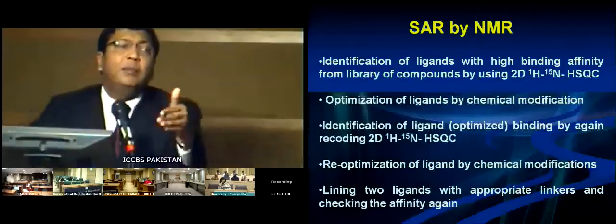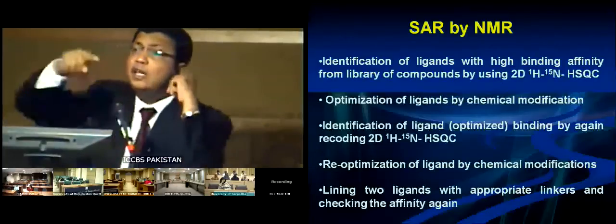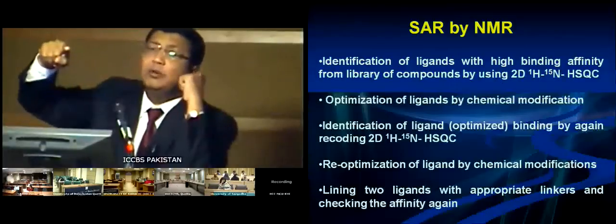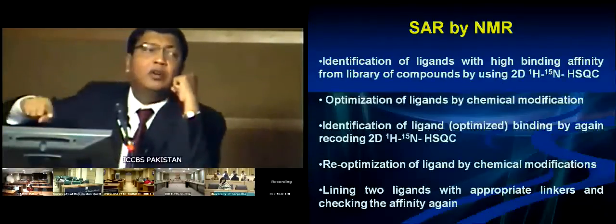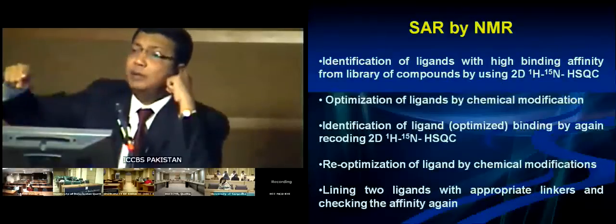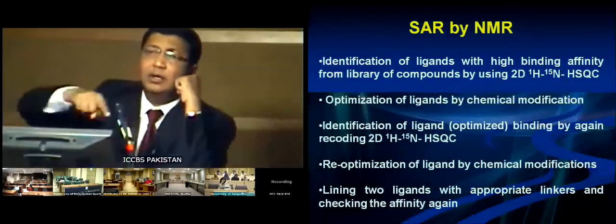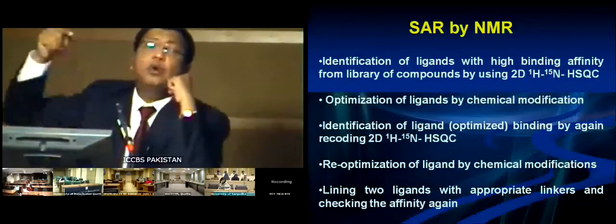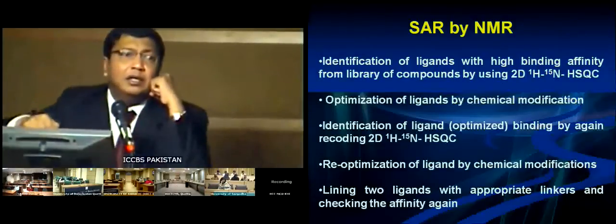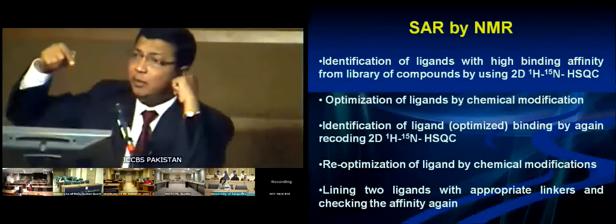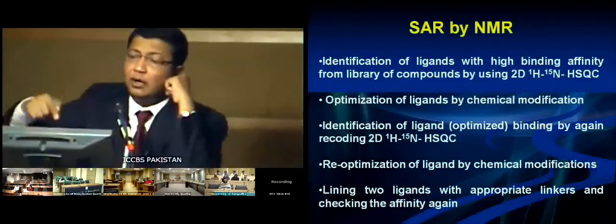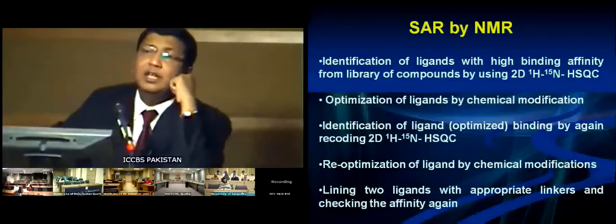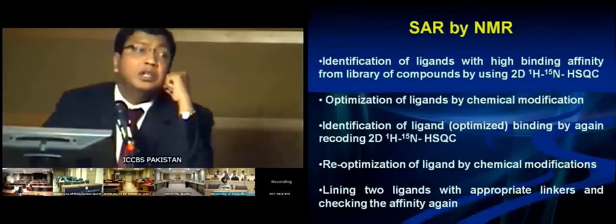So it's a quantitative measure. It is a cycle in which you actually function. You have a binding affinity of a molecule, you go back to the laboratory, you add OH or carbon dioxide or N-methyl or SH or whatever, or you make it a salt or whatever, you go back to the same NMR, you bind it with your receptor, you record HSQC, heteronuclear HSQC, and you see binding affinity has improved.